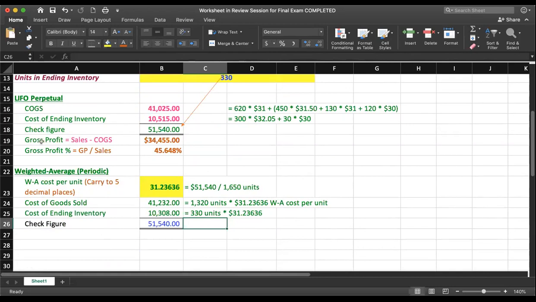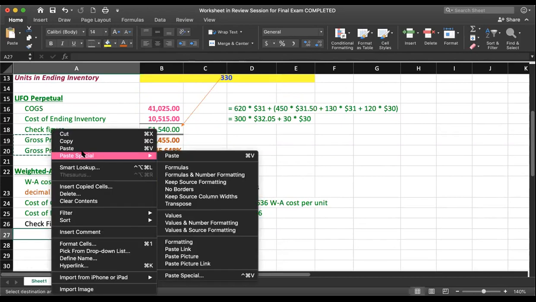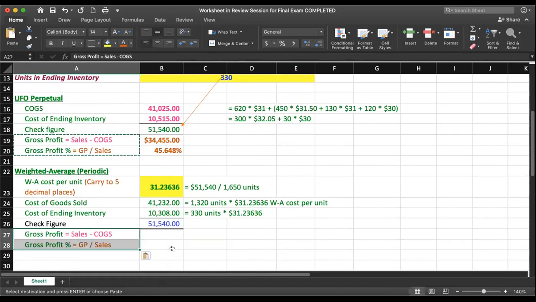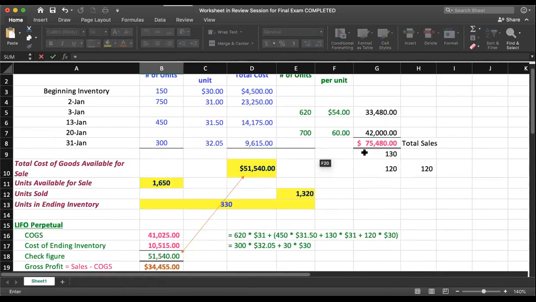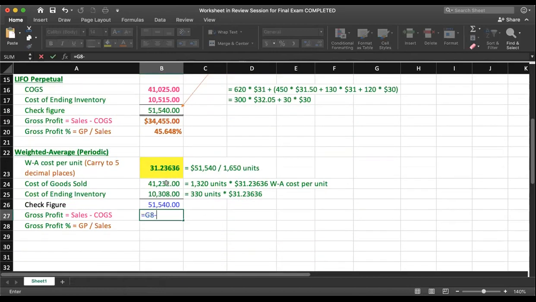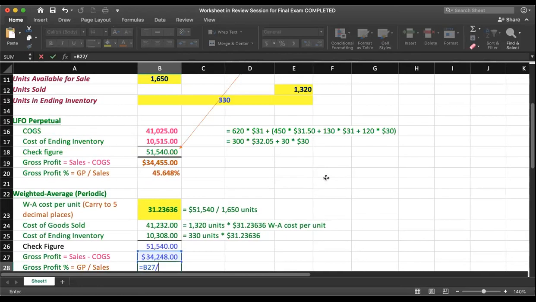Okay, so now let's do the same computations in terms of gross profit and gross profit percent. The gross profit using the weighted average periodic is sales minus the cost of goods sold. So the gross profit was 34,248, and the gross profit percent is gross profit divided by sales.